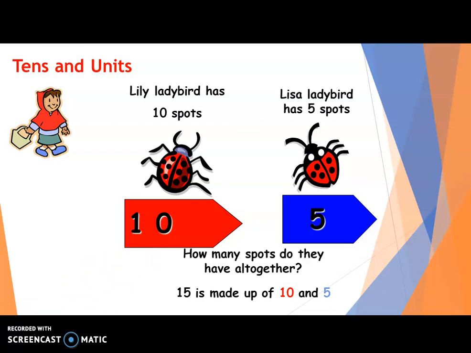So meaning to say 10 spots is made up of one group of 10. One group of 10, or 1 ten, is equivalent now to 10, or the value is 10.